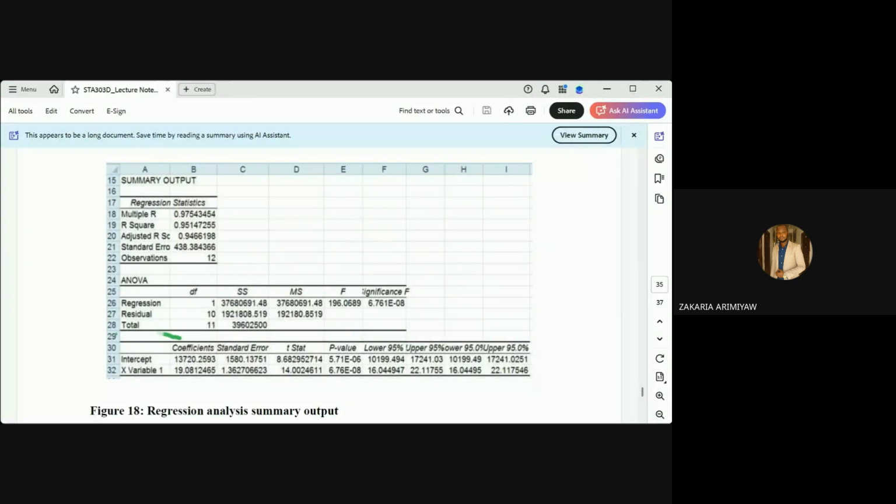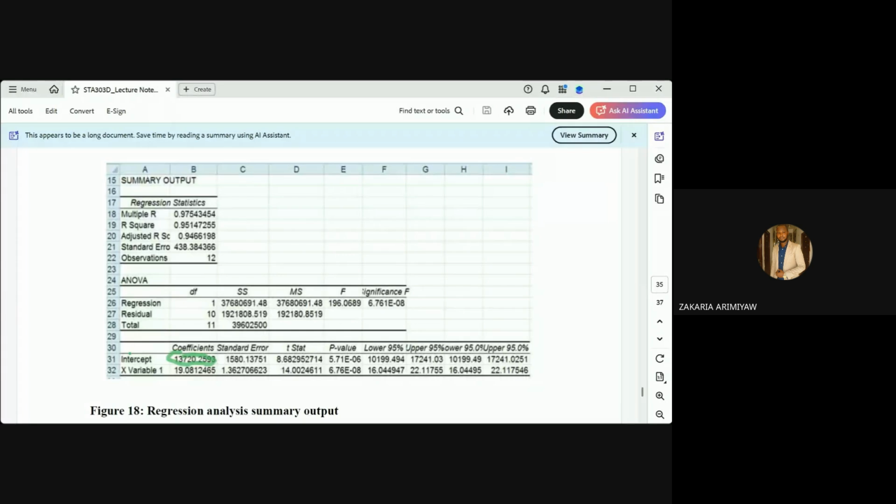This last table contains information about the estimated regression model. It also contains information about the test for significance. So this is where you get the information. If you want to write the regression equation, this is the estimate for the alpha, the constant intercept.